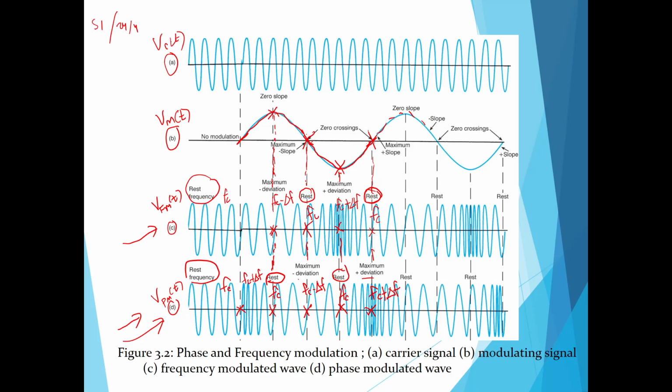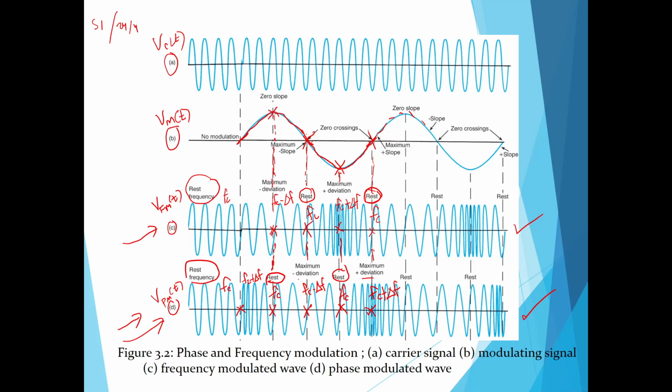Okay, so for summary, for phase modulation, the critical change happens during zero crossing of the input signal, whereas for frequency modulation, the critical change happens when the input message reaches the peak amplitude, either peak positive or peak negative.